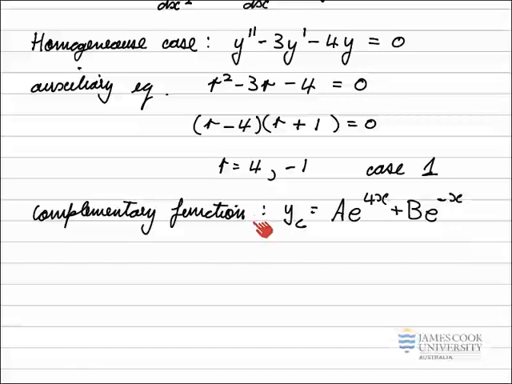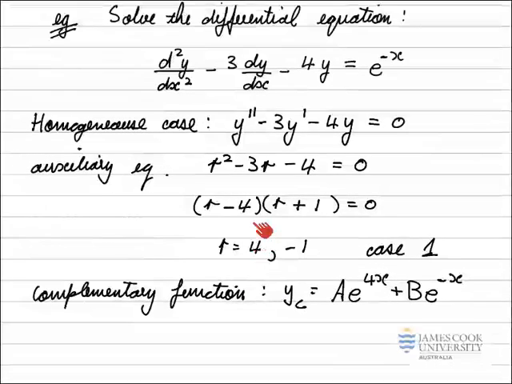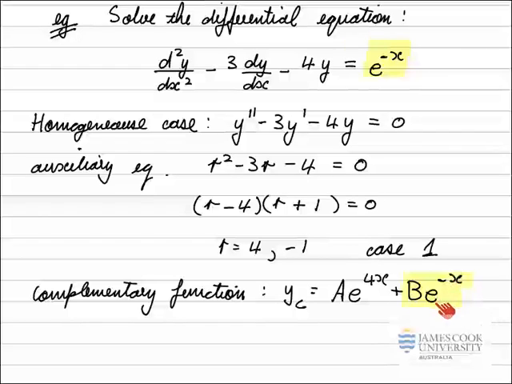So I now turn to the right hand side. I want to try and find a particular solution which takes into account the right hand side. I note at this stage that the right hand side is a function of the form e to the negative x, and I see that part of my complementary function is that same form e to the negative x.